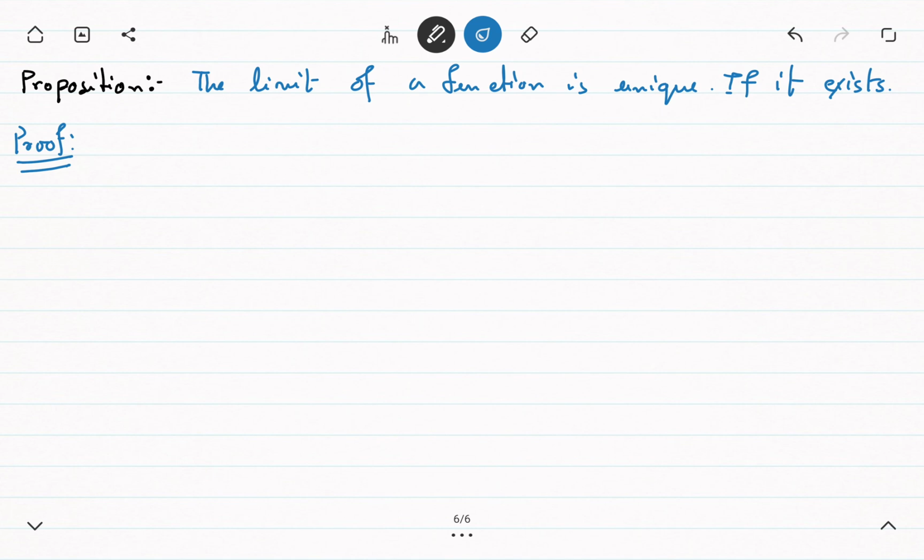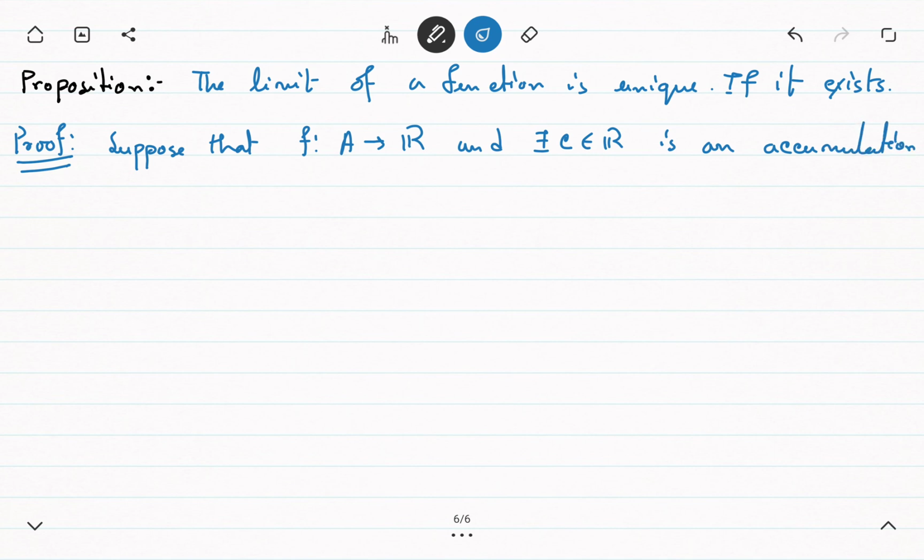Suppose there is a function f from A to the real numbers, and there exists a c belonging to the real numbers which is an accumulation point of A, where A is a subset of R.